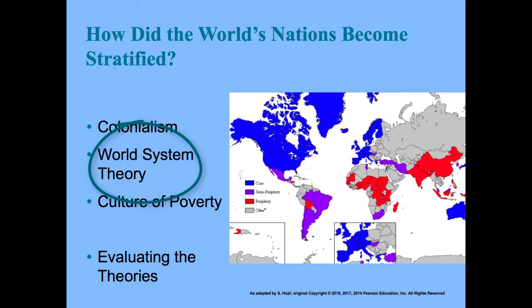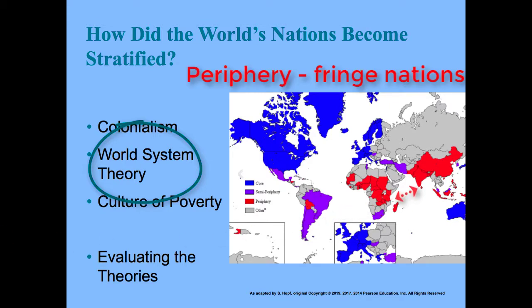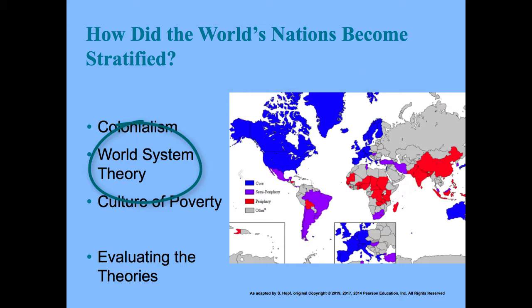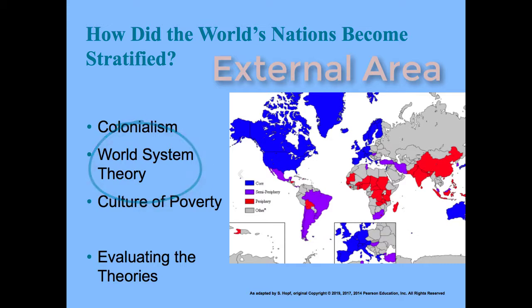The economies of the third group, the periphery or the fringe nations, developed even less. These are the Eastern European countries which sold cash crops to the core nations. The fourth group of nations includes most of Africa and Asia. Called the external area, these nations were left out of the development of capitalism altogether, but some areas are now moving into the peripheral group.